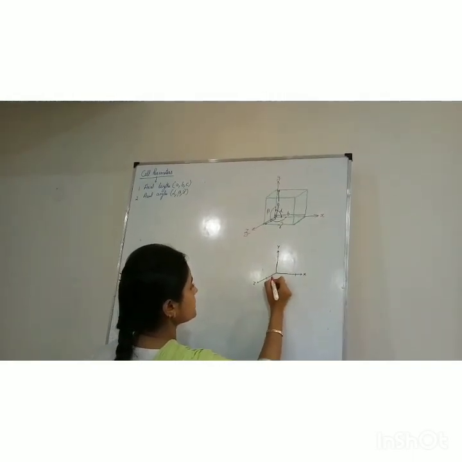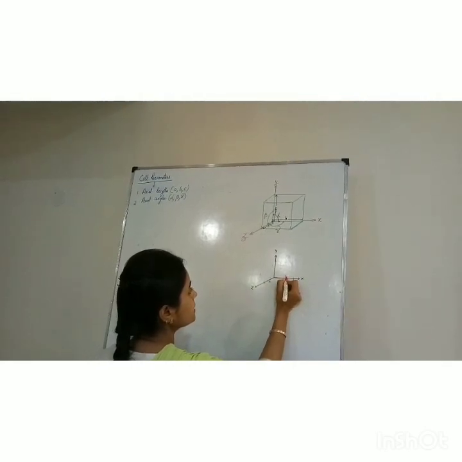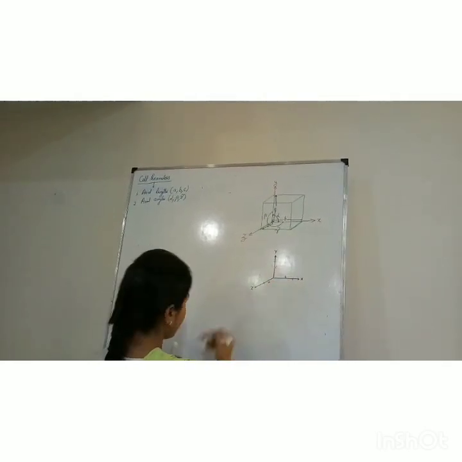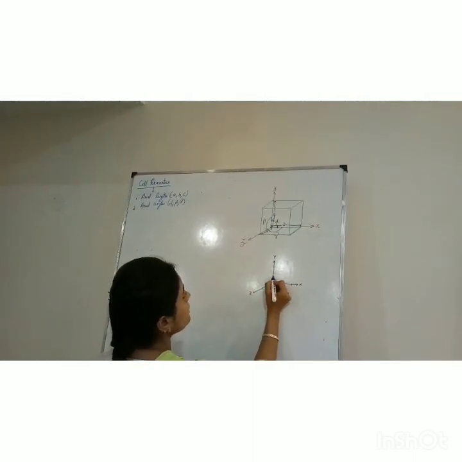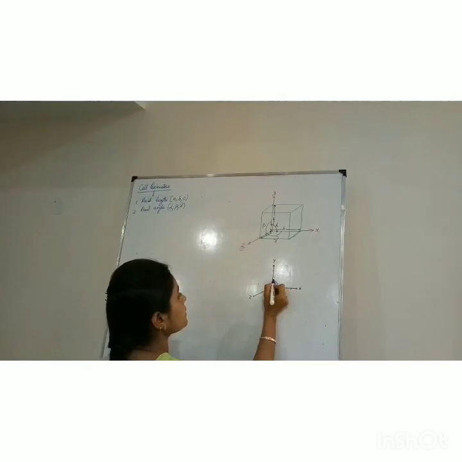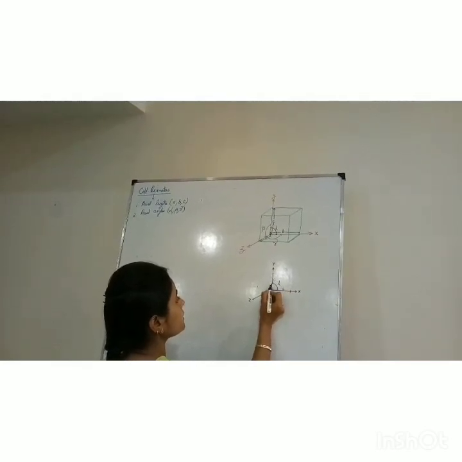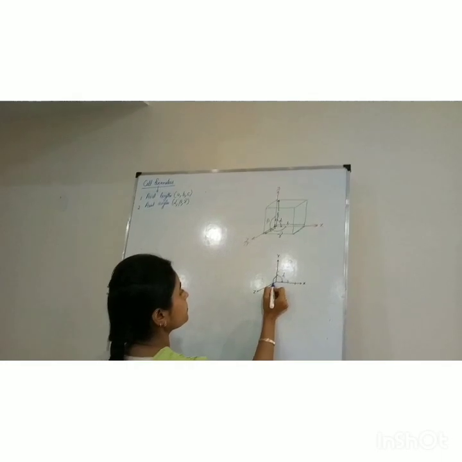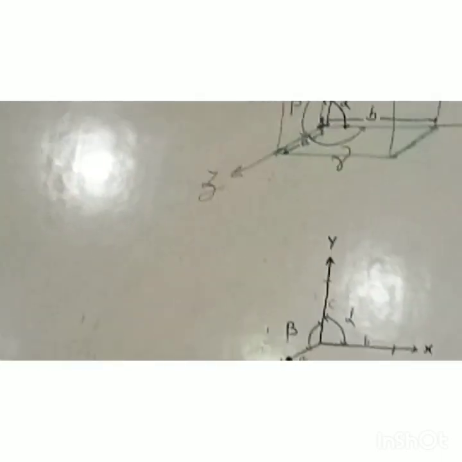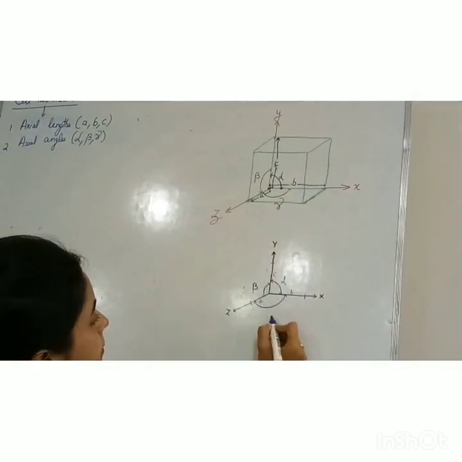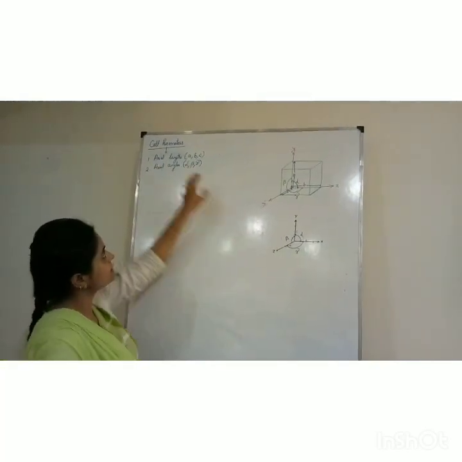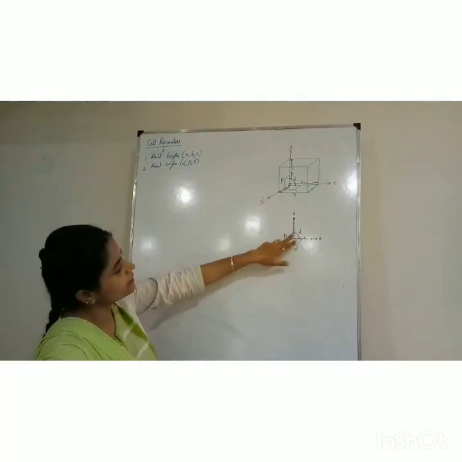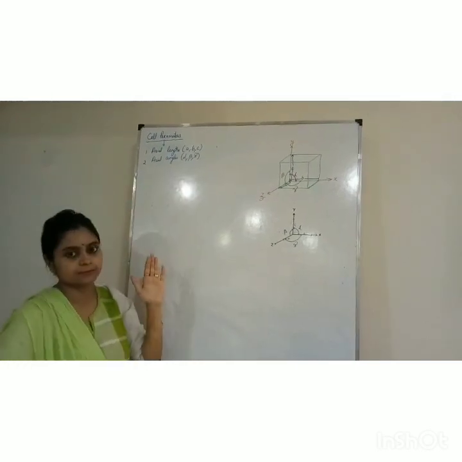It is represented like this: this is A, this is B and C, and this angle is alpha, then beta and gamma. So these are the different cell parameters. A, B, C are known as axial lengths, and alpha, beta, gamma are known as axial angles.